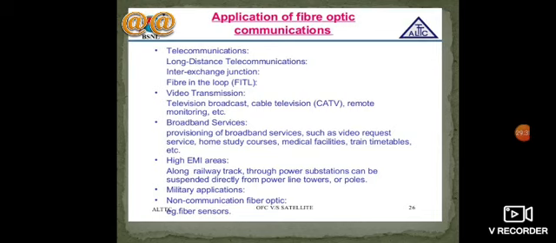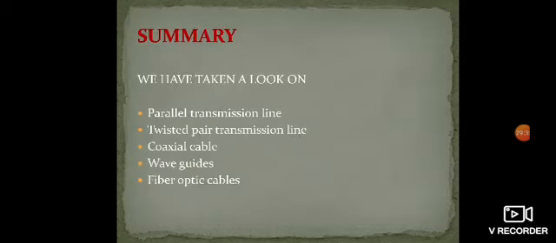So based on our applications we prefer the fiber optic cable. In this session I have talked about the parallel transmission line, the twisted pair transmission line, the coaxial cable, the waveguide, and the fiber optic cables.